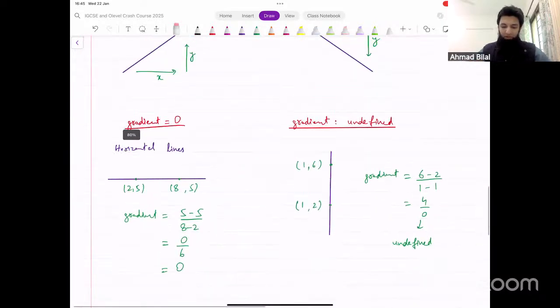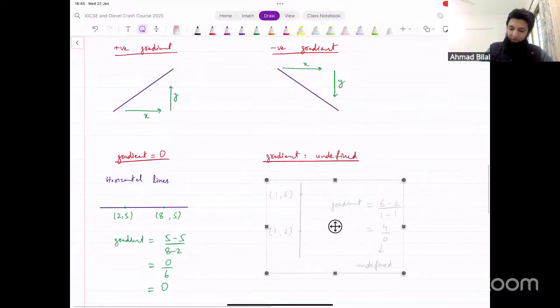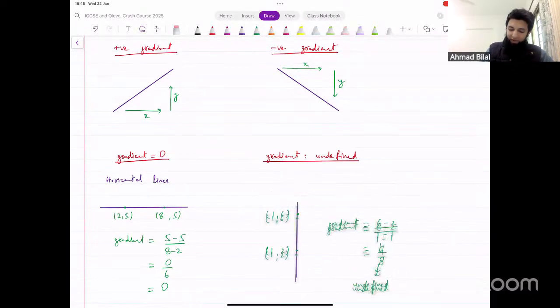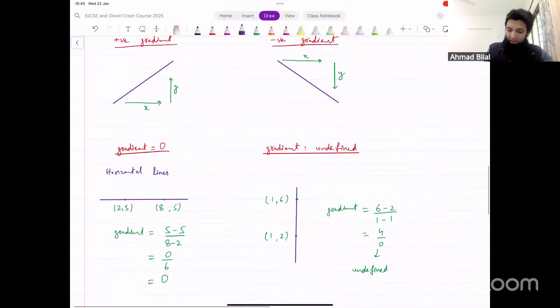Okay, so we've got 4 cases here. Top left, positive gradient. Top right, negative gradient. Bottom left, horizontal lines, you have a gradient of 0. And bottom right, vertical lines, in this case, the gradient is undefined.